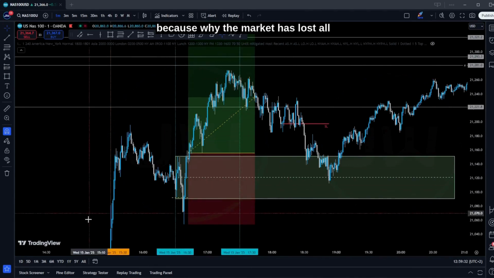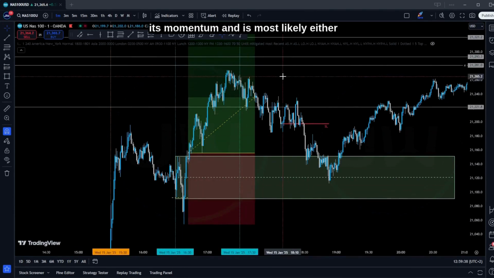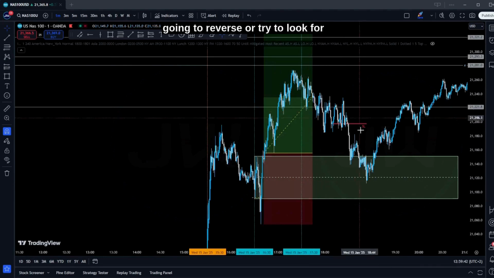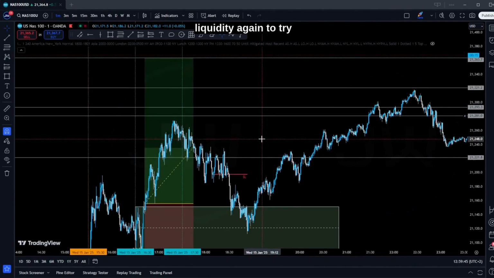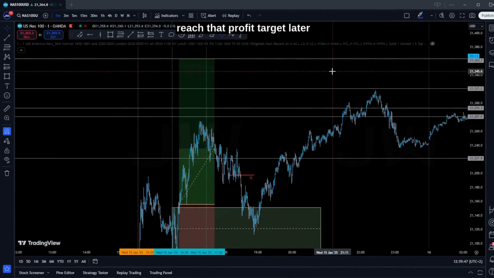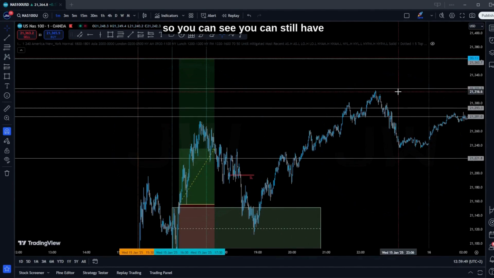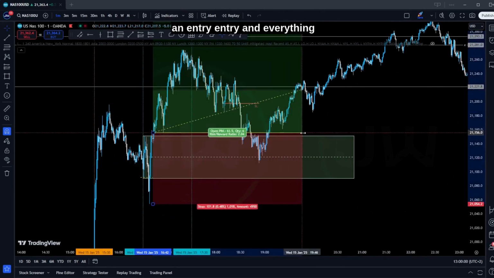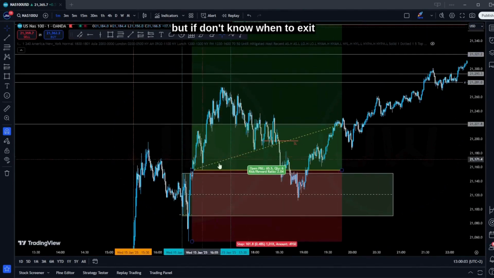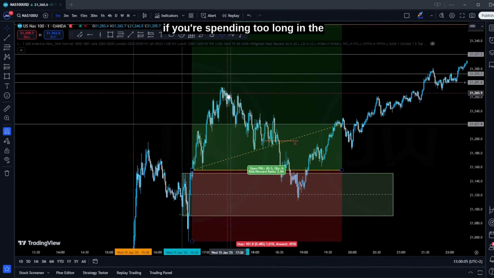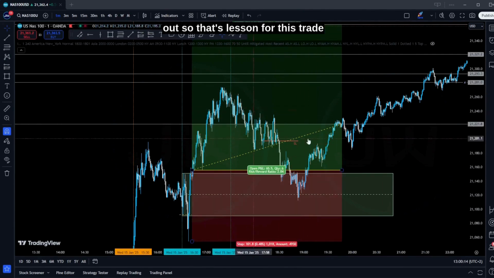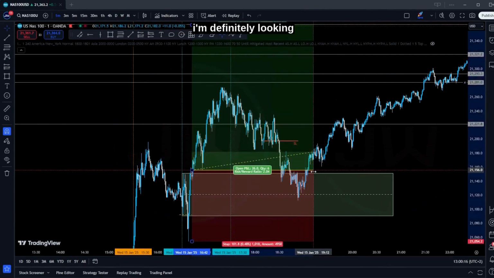The market has lost all its momentum and is most likely either going to reverse or try to look for liquidity again to try and reach that profit target later. So you can see you can still have an A+ entry and everything, but if you don't know when to exit, or if you're spending too long in the trade, it's best to take your profits and get out. So that's the lesson for this trade.